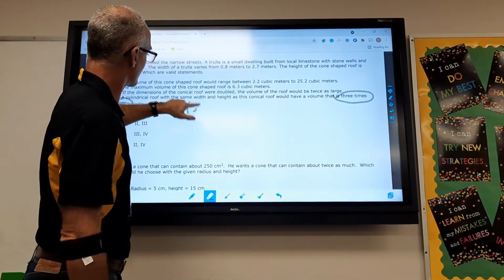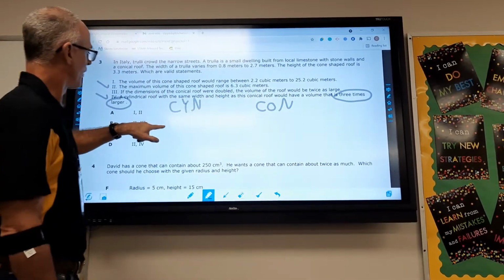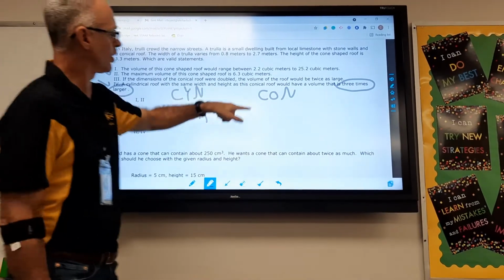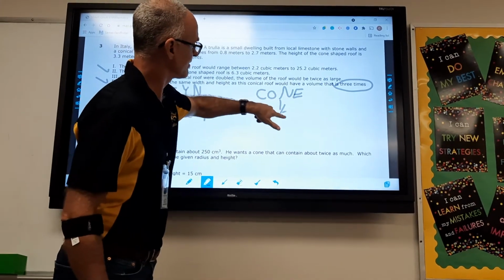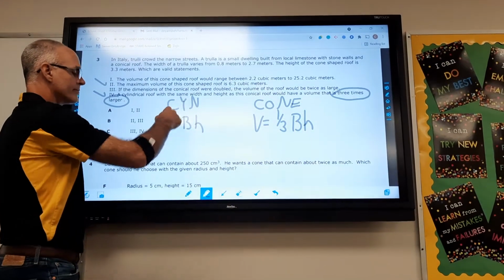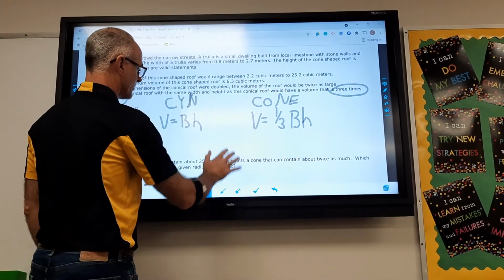because a cylinder volume is like this, and a cone volume is this. It's the exact same as the cylinder.